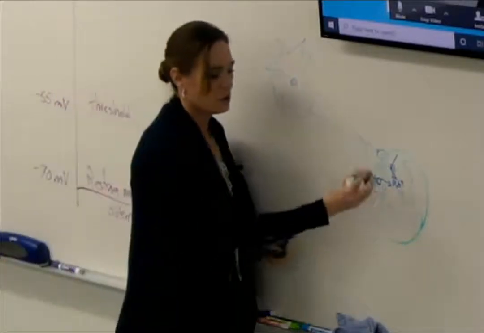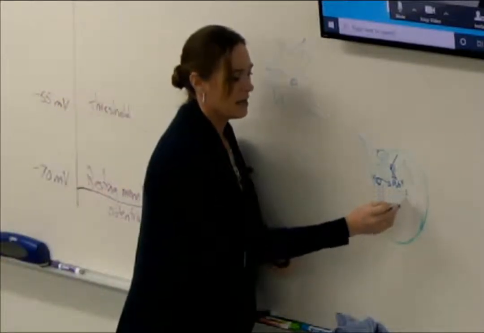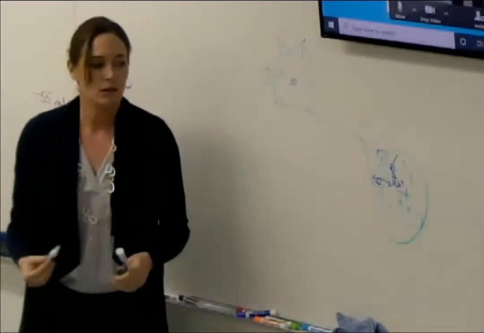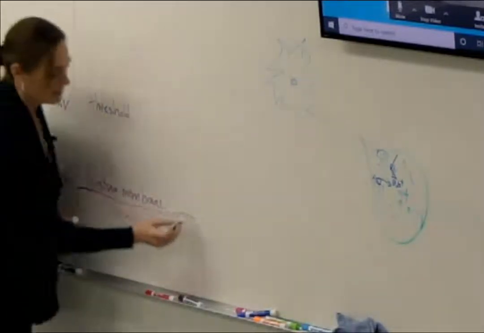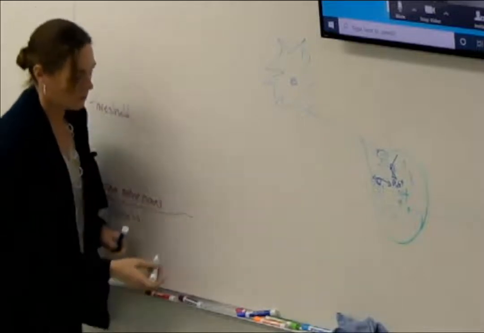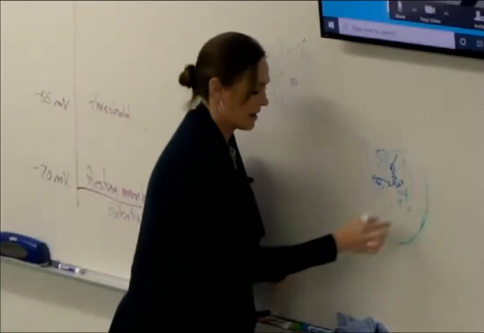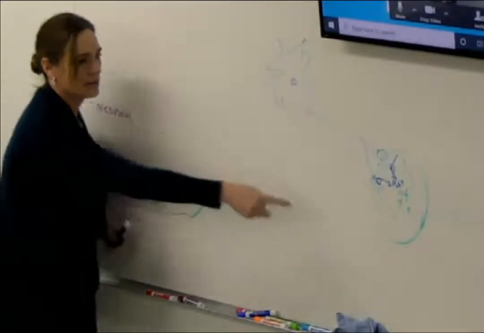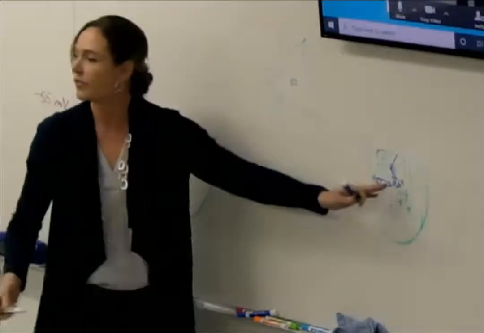And so if so much sodium comes in that we get really, really positive, we can see that as the cell, and we're measuring from the start of the axon here, this neuron's getting more and more positive from this influx of sodium.